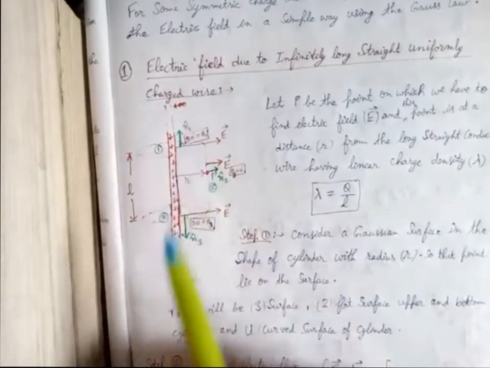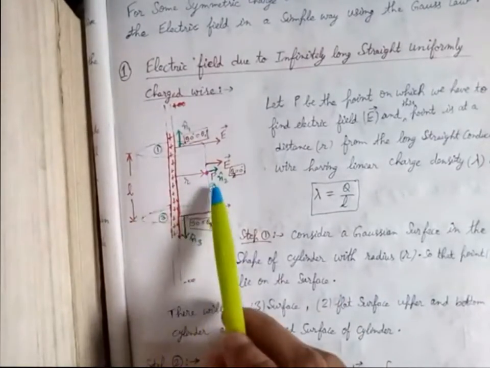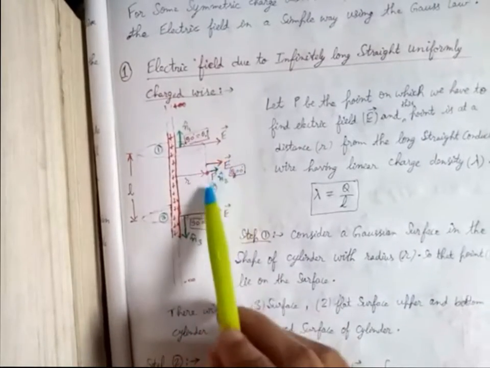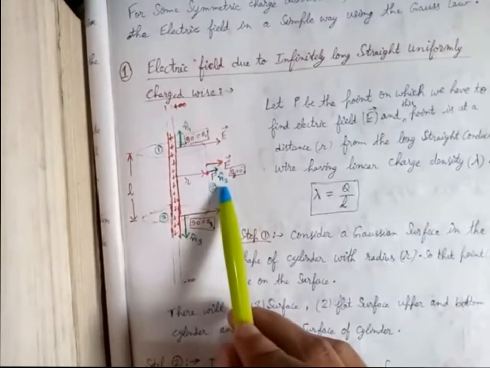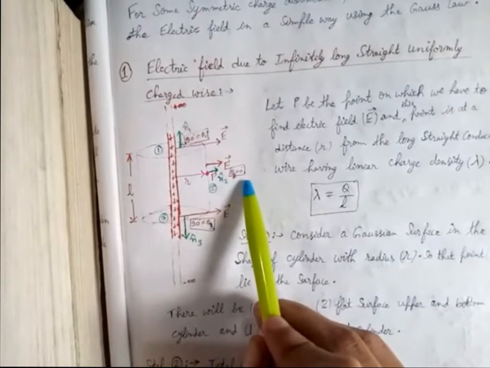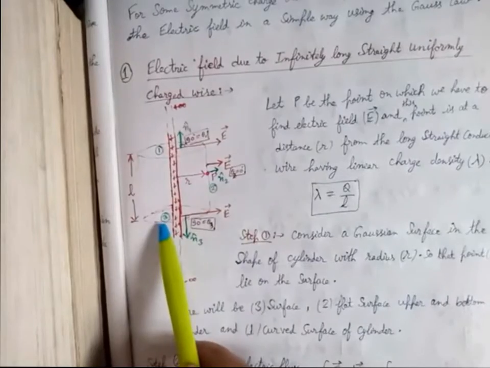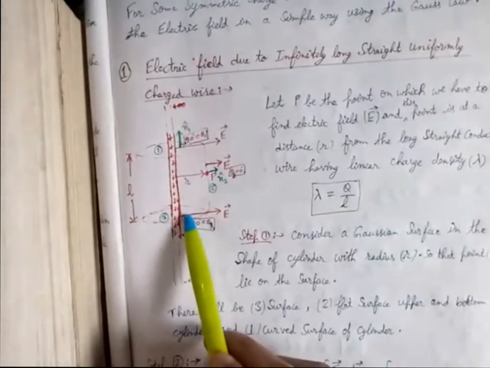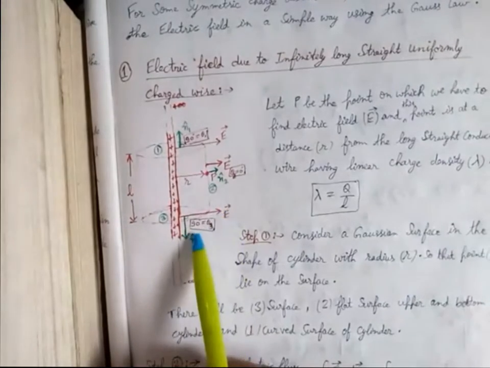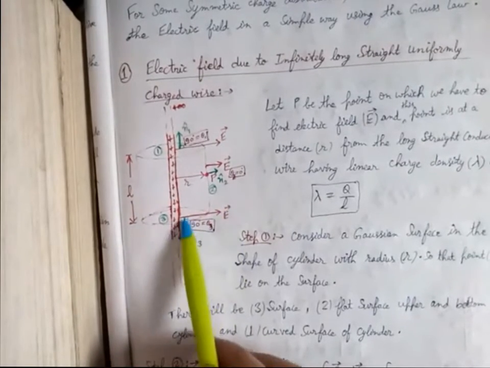In the same way, in surface 2, the curved surface, the angle between the electric field and the unit area vector n2 cap is 0 degrees. And in the third surface, the unit area vector is in the downward direction and the electric field is in the horizontal direction. The angle between them is 90 degrees.